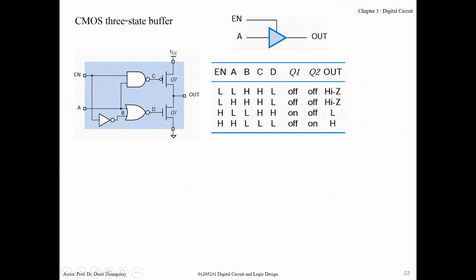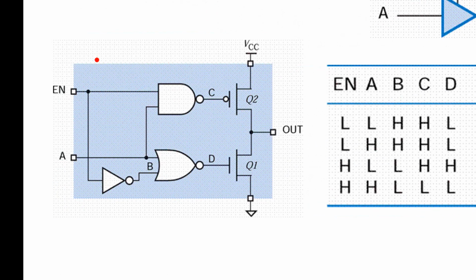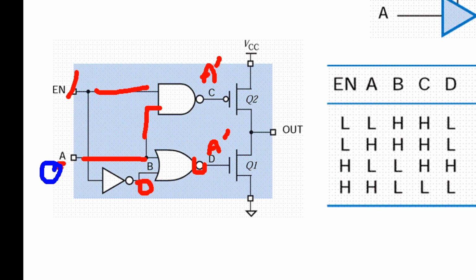Okay, and what happens when enable is 1? When enable is 1, the 1 input becomes 0, 0 or input A, so it's A at here, and for this one 1 and A, so it becomes A prime at here. Okay, now if A is 0, what happened?